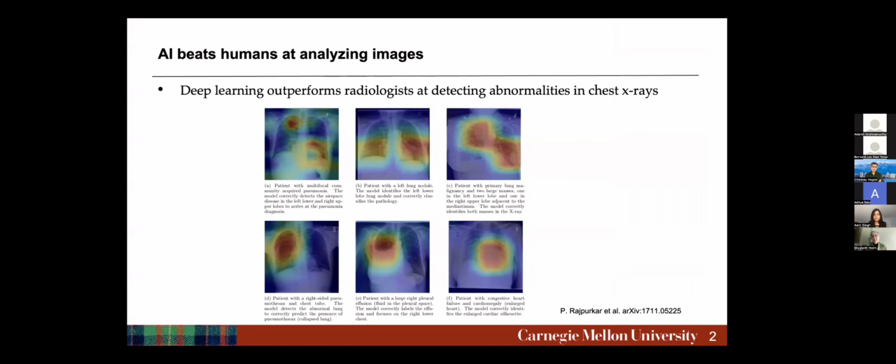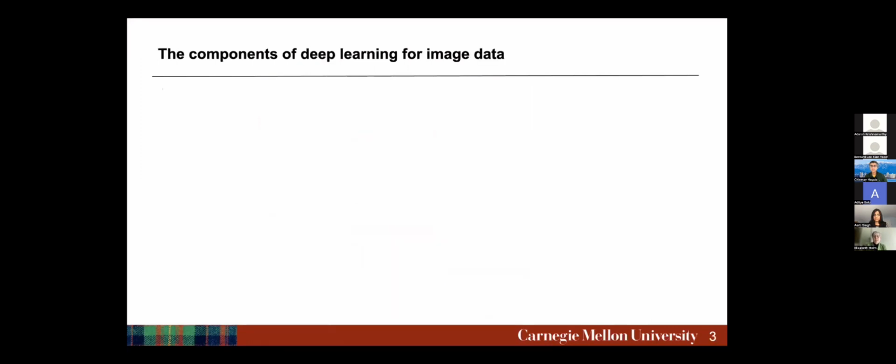And one of the many famous studies along these lines is from the Google group, who trained a computer vision system on standard chest X-rays, and found that the computer vision system could outperform human radiologists in identifying abnormalities in those chest X-rays, both in finding them and in classifying them. And so that's the kind of thing that makes us think, wow, there's a lot of potential here to use these methods in fields outside of computer science.